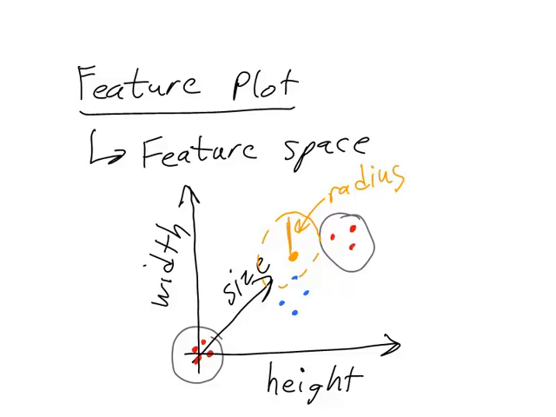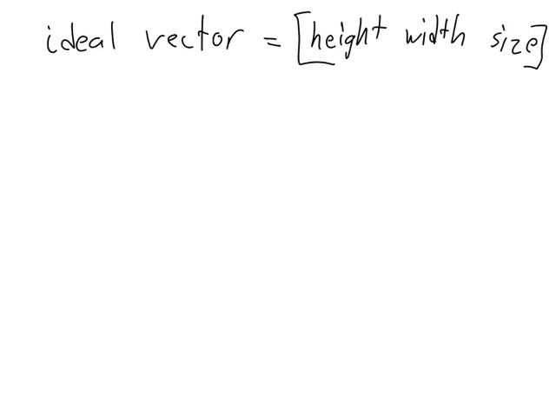And here's how we do that. First, we would identify the ideal feature vector. And we would define the distance away from that ideal vector that is allowable for us to recognize the object as being an object of interest.